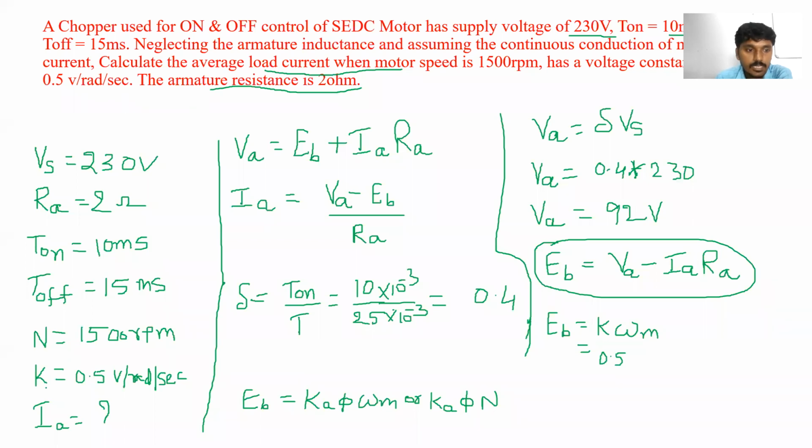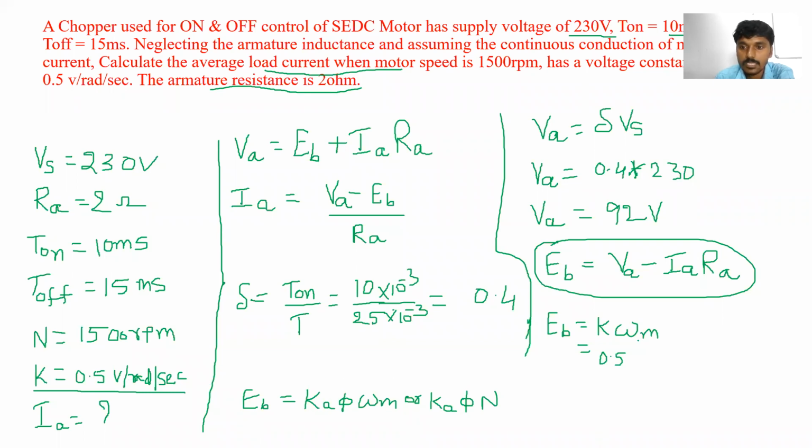Because here he has given the K value in volts per radians per second. If he had given the K value 0.5 volts per RPM, then directly we can use the formula K phi N. But he has given the motor constant in volts per radians per second.